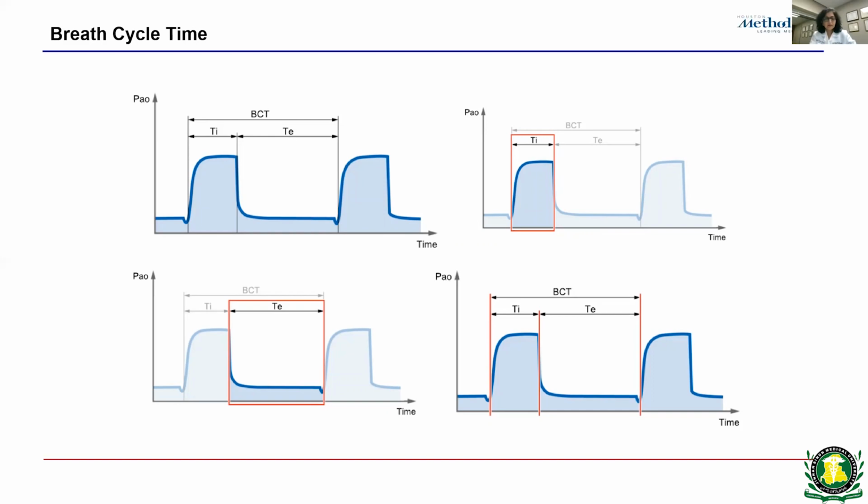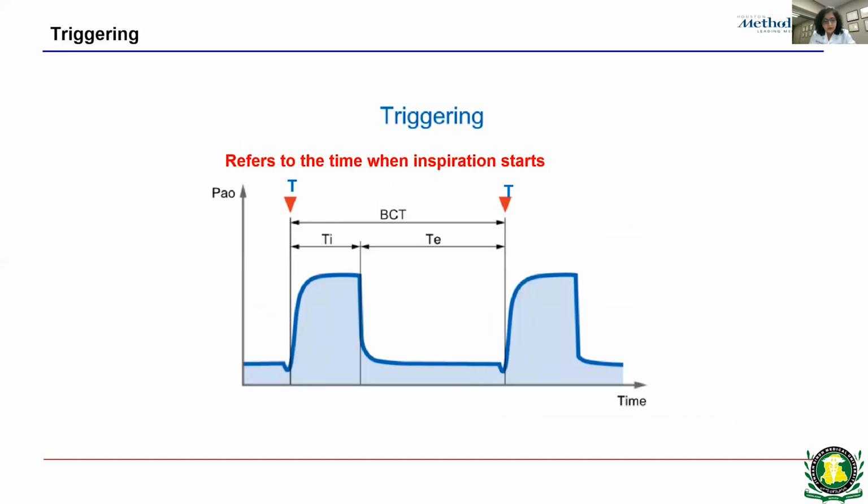Each mechanical breath takes a certain length of time to complete. That is the breath cycle time, and it's composed of the inspiratory time and the expiratory time. That is TI and TE. Triggering refers to a point when inspiration starts.